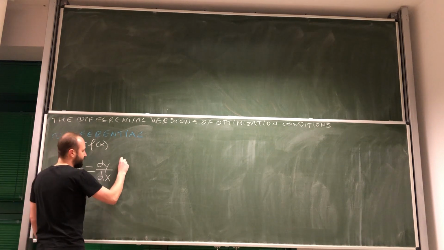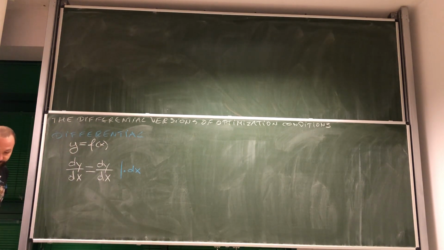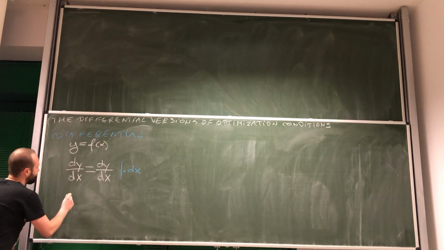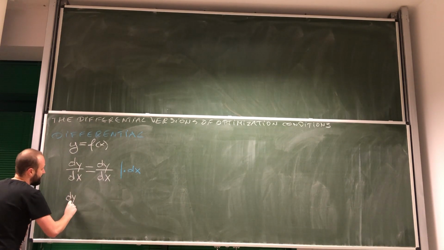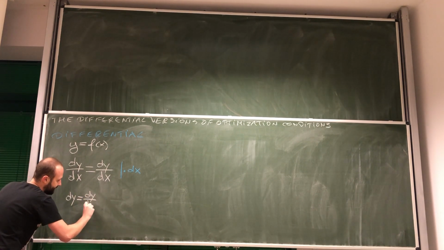I can, for example, multiply both sides by dx. And what am I going to get? That dy is equal to dy/dx times dx.